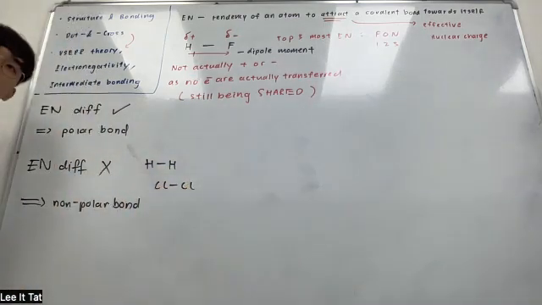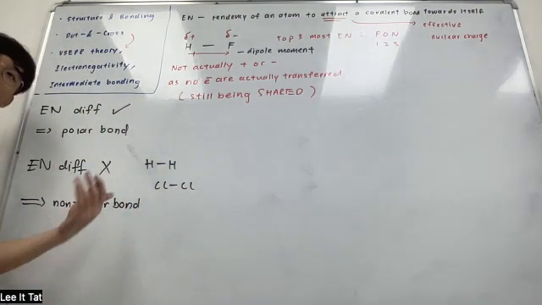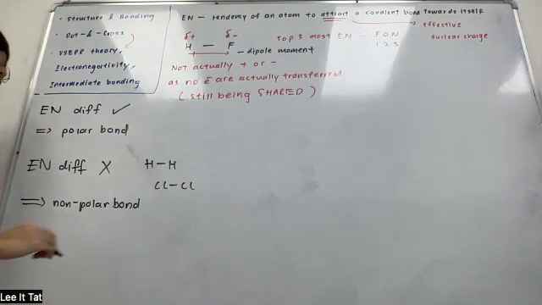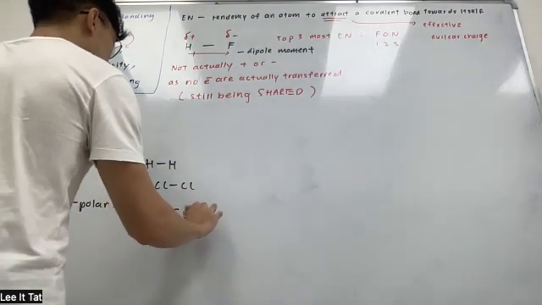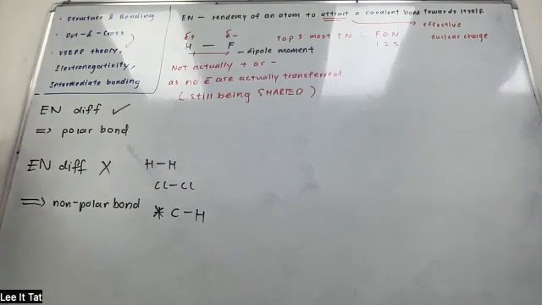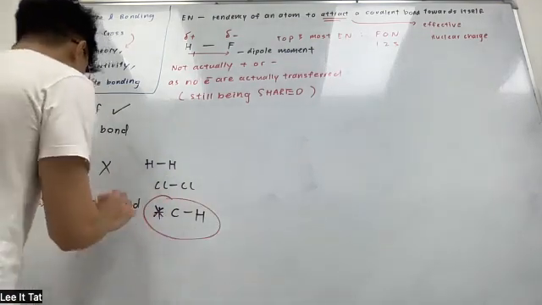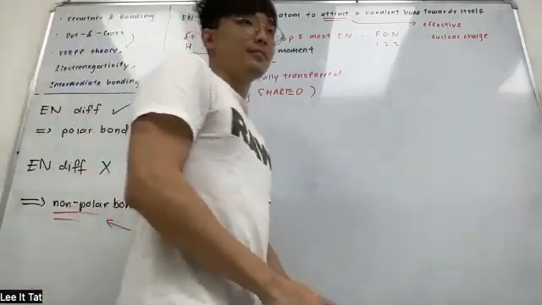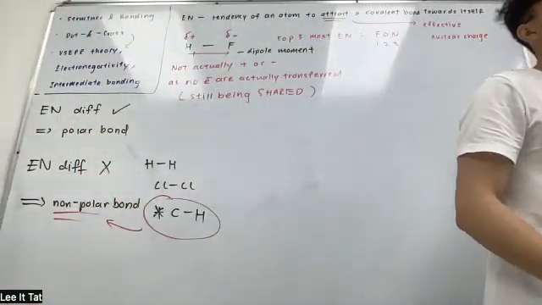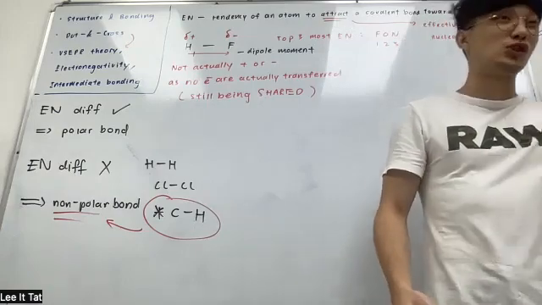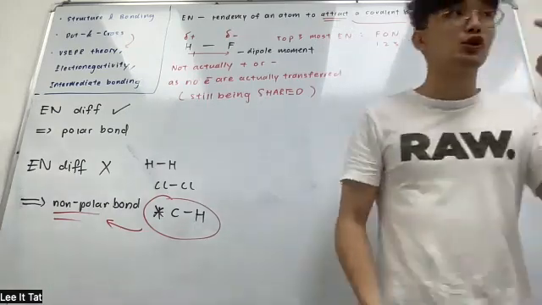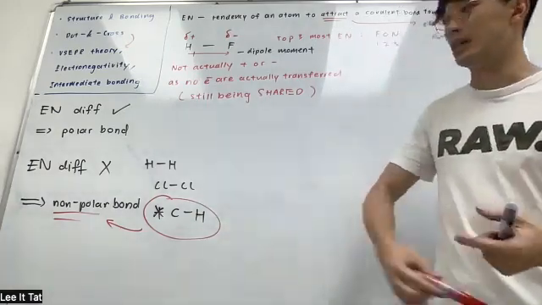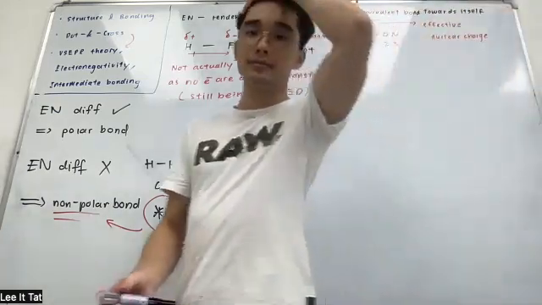Guys, they both have the same strength. There's no difference. But take note of one more. C-H. Guys, this C-H here is considered non-polar. Even though they are different, the reason is that the electronegativity is super similar. So similar to the point where it's considered non-polar. You see that?